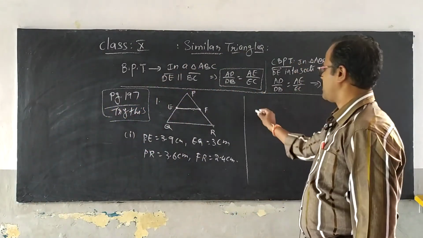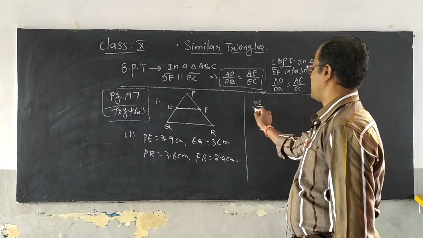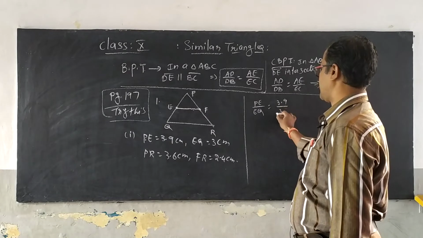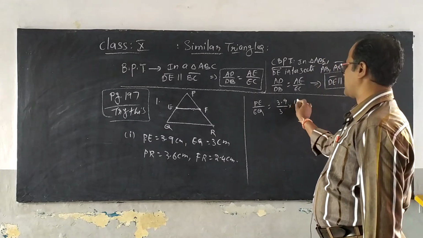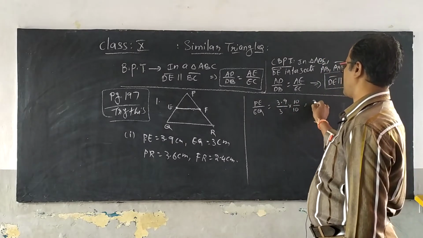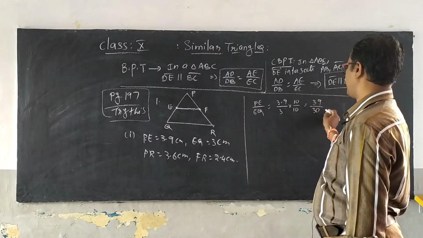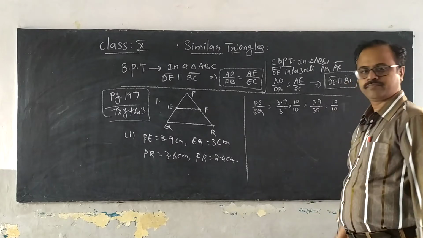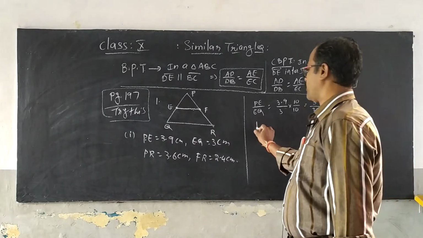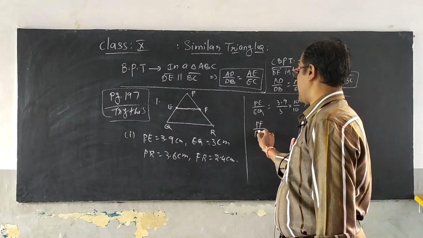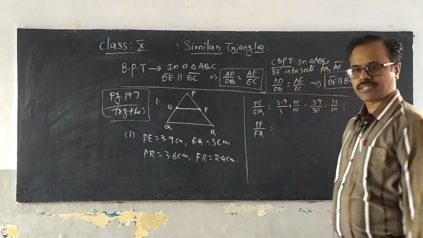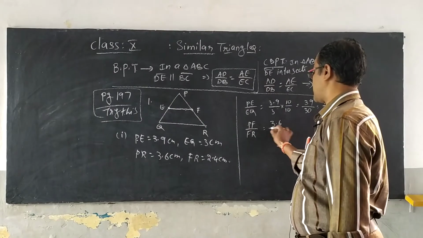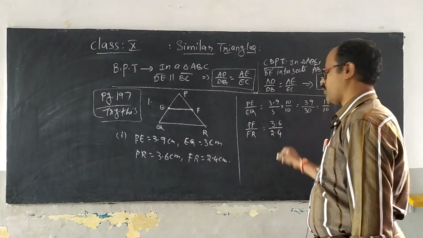So we write here PE by EQ. What do we get? 3.9 by 3. I multiply the numerator and denominator by 10, so it becomes 39 by 30, cancelling with 3: 13 by 10. Similarly, I go for PF by FR. Now 3.6 by 2.4.